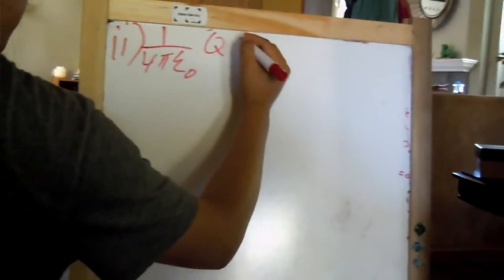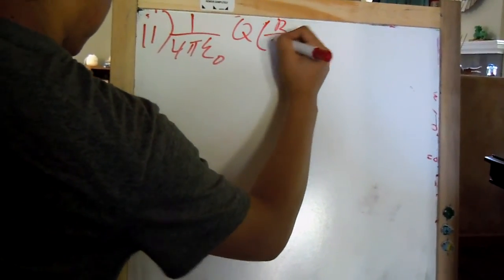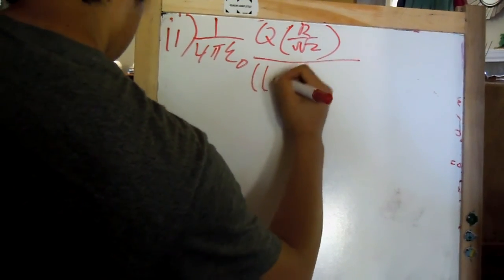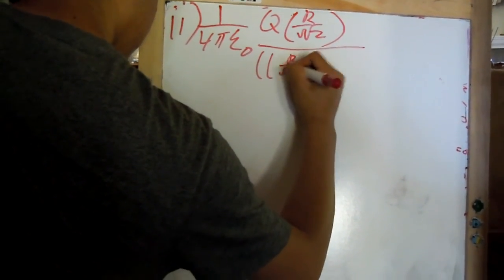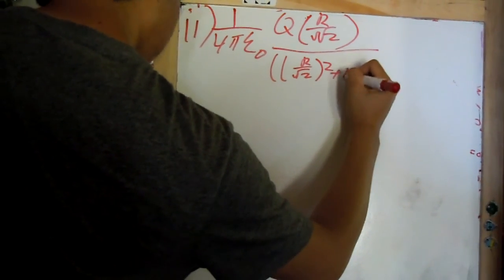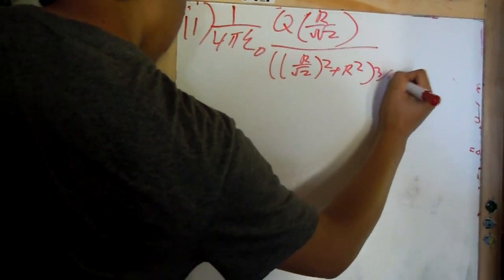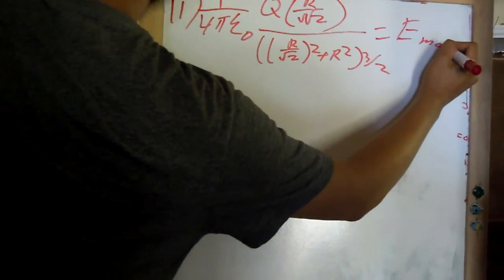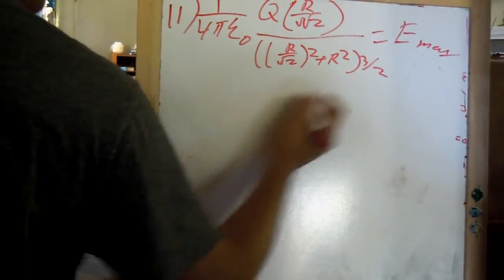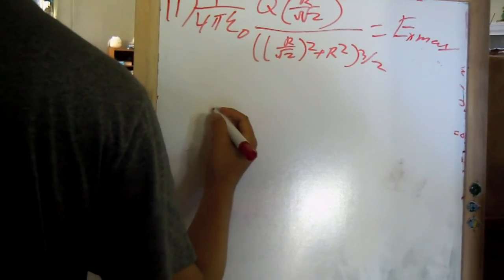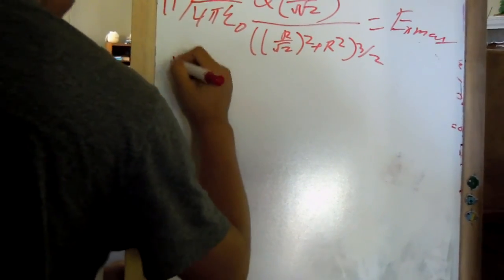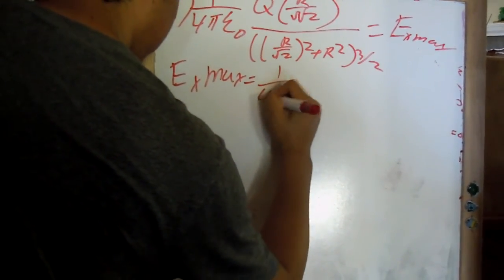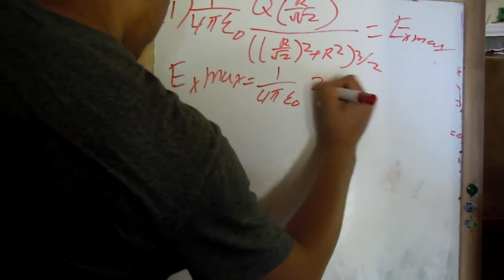Substituting the x from what we found before, which is r over root 2, equals E max. And then simplifying it down, you would end up getting E max equals 1 over 4 pi epsilon naught, 2q.